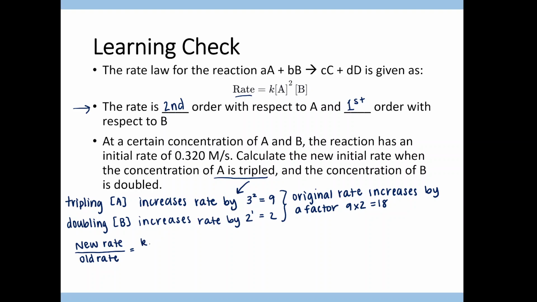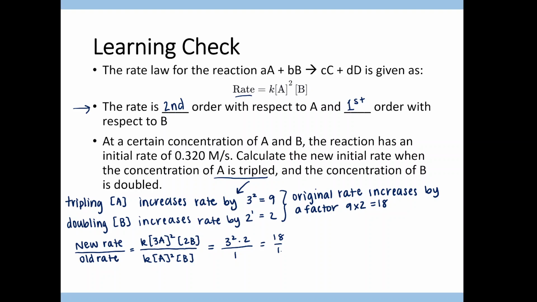We have the same rate law, so let's write the old rate first. k, concentration of A squared, concentration of B. And then the new rate, we have 3 times the concentration of A squared times 2 times the concentration of B. We can cancel everything out except for 3 squared times 2, which is 18 over 1.